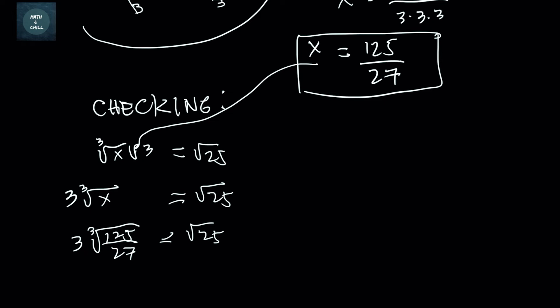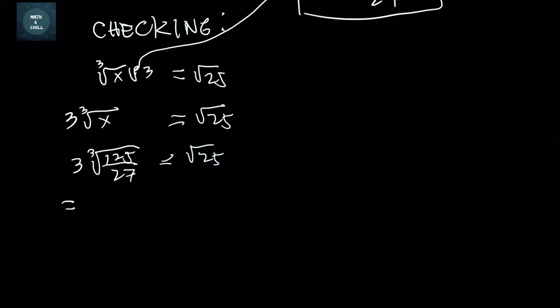This is equal to 3 cube root of 25. This is equal to 5 raised to 3, cube, over the cube root of 3 raised to 3.